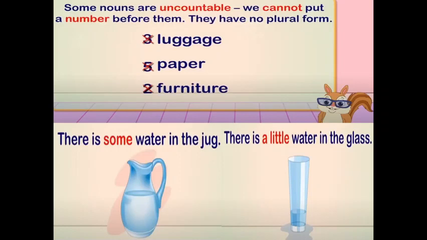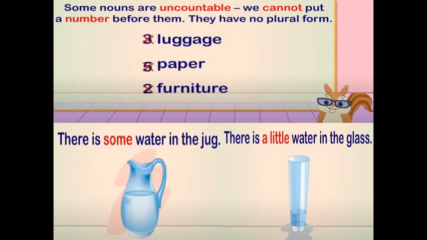There is some water in the jug, there is a little water in the jug. So these words some and little are telling us the quantity of water in the glass. So the words which cannot be counted in numbers are called uncountable nouns, but we can tell them in quantity. Okay, always uncountable nouns we can tell in quantity.